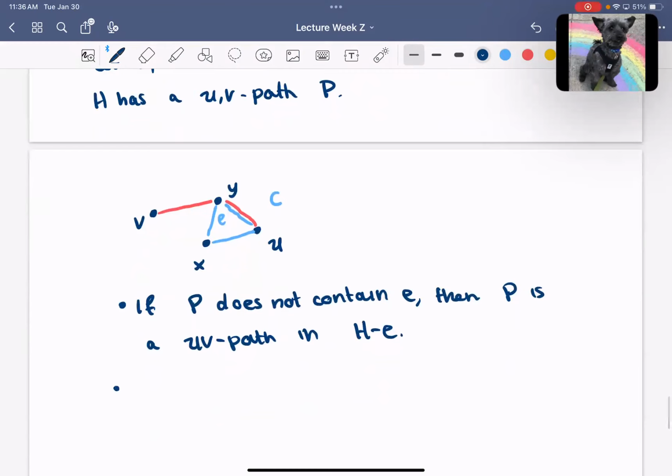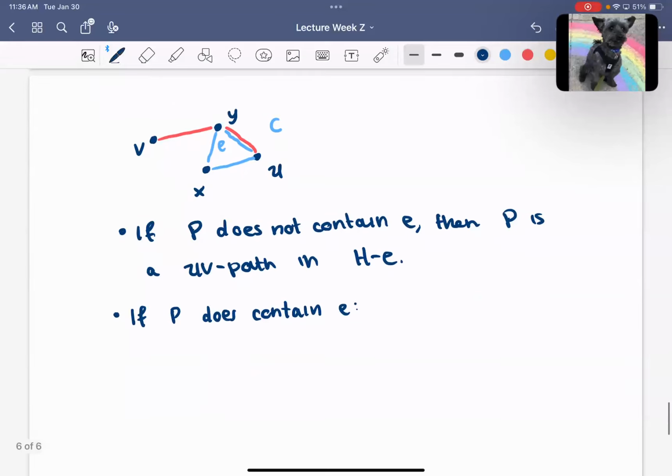Okay, then the more complicated case, if P does contain E, so here's how the picture would look in that case. So we have U, V, X, Y, E. And then let's say P is this red path.